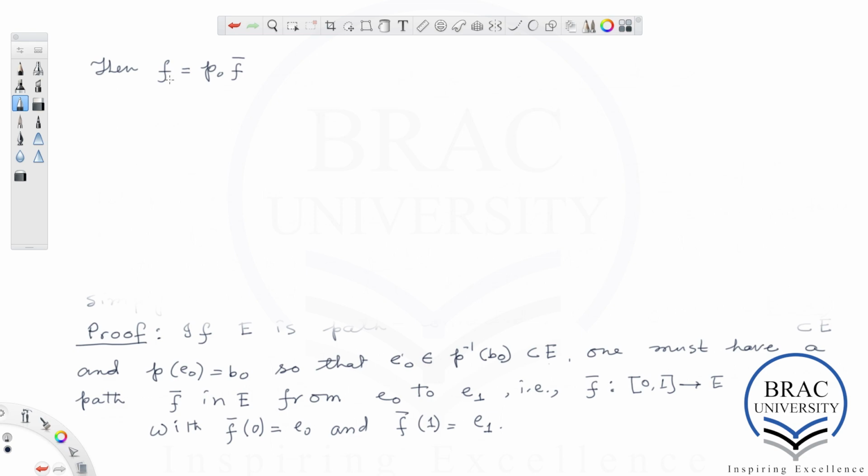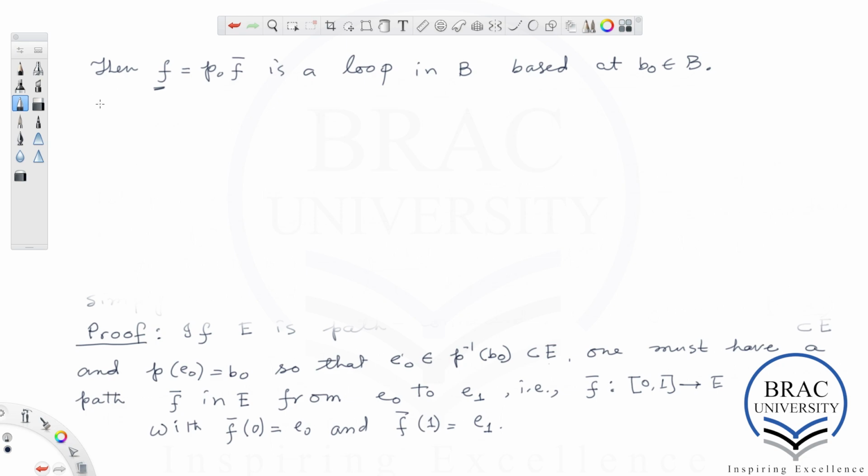Now I'm claiming that F, which is P composed F bar, is a loop in B based at B0 in B. This is the claim.